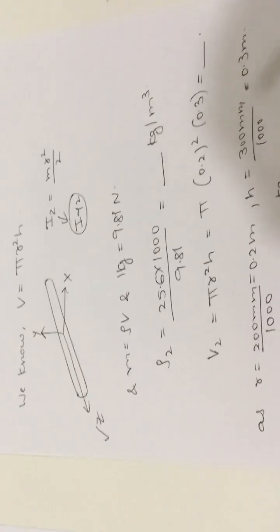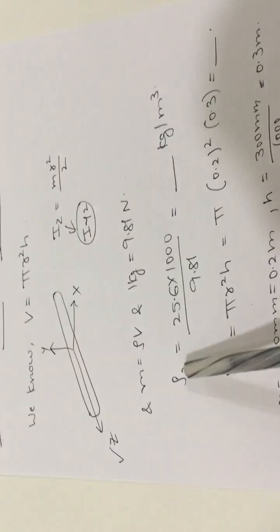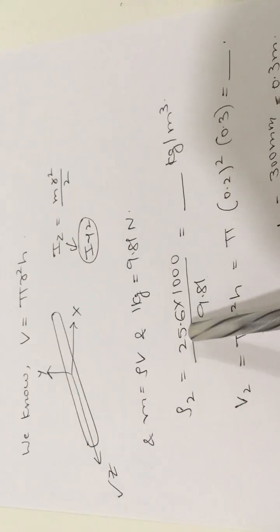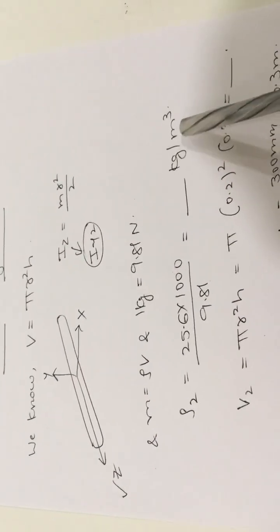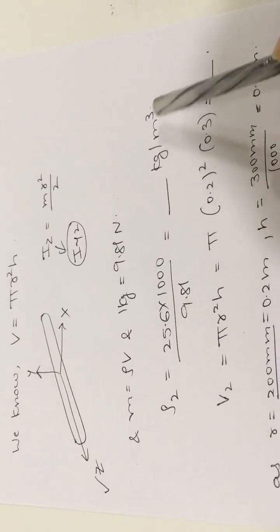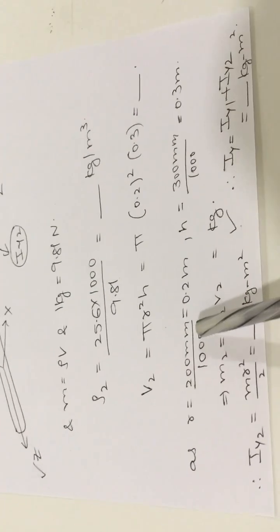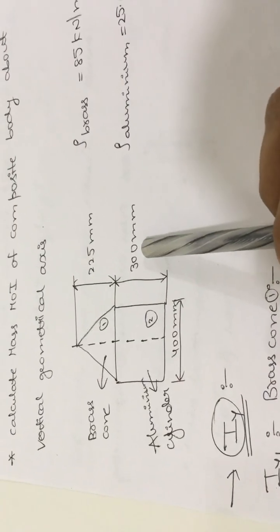Next, we follow the same procedure for the second section also. We know that mass is equal to density into volume, and density is given in terms of kilonewton per meter cube, that is 25.6, given in the question. So convert the 25.6 into kg per meter cube by multiplying by 1000 and dividing by 9.81. Next, the volume formula for the cylinder is pi r square h. Again, values are given in mm only. For the cylinder, the diameter is 400 mm and the height is 300 mm.